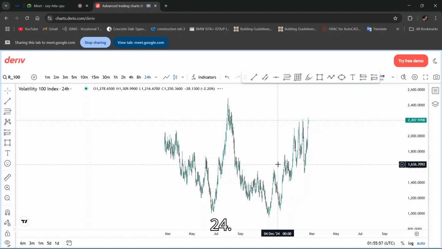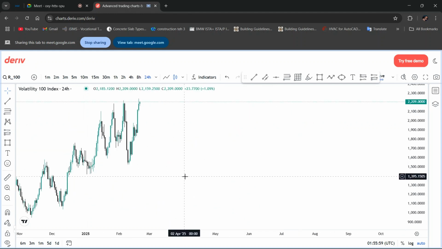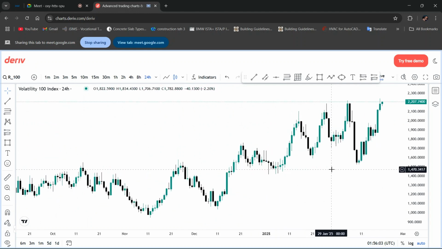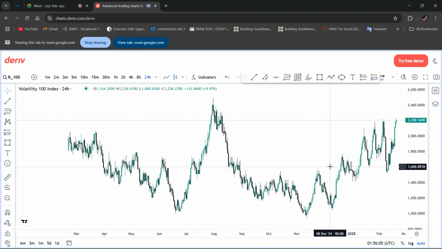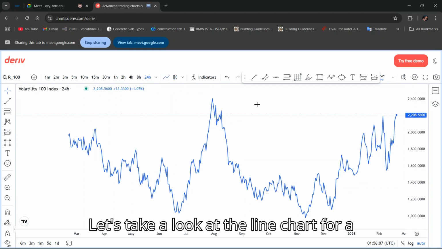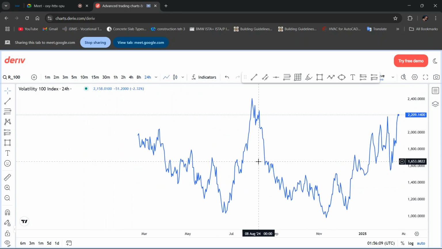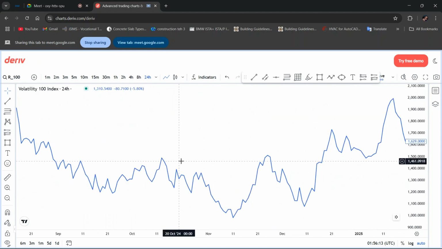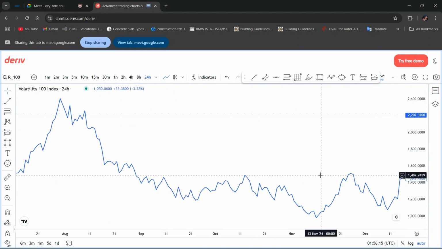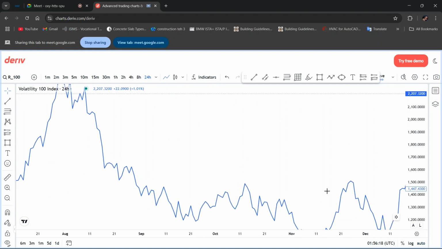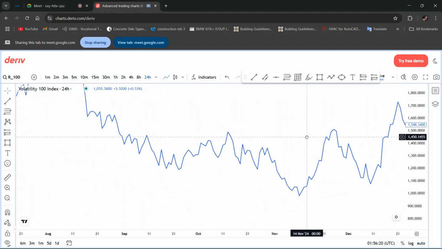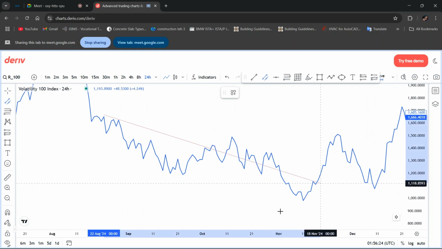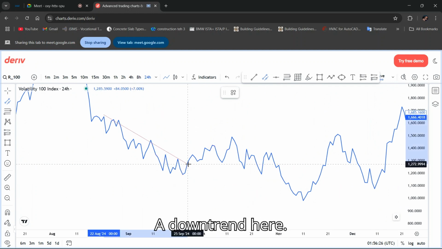Back to the 24. Let's take a look at the line chart for a minute. The line chart is showing us here that we had a downtrend, a downtrend here.